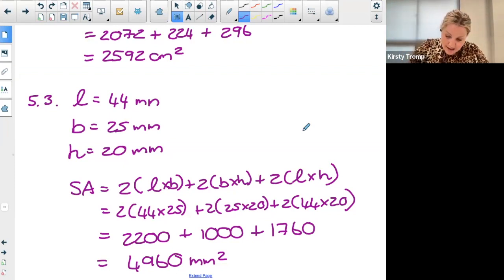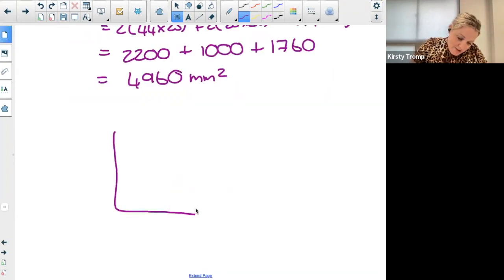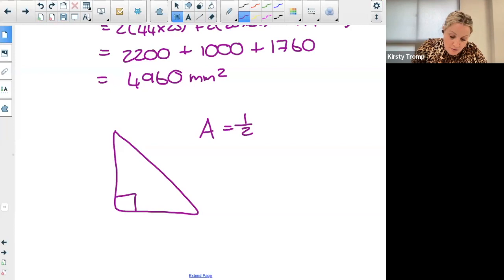If you've got a triangle, then your area is going to be half the base times the perpendicular height, hey? Yes, ma'am. So that's if you've got a triangle.